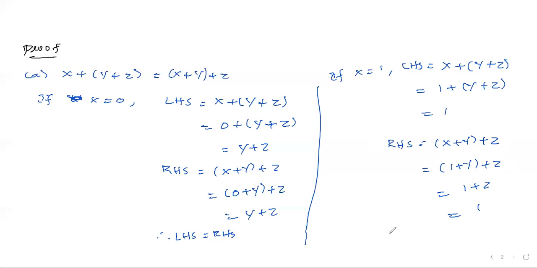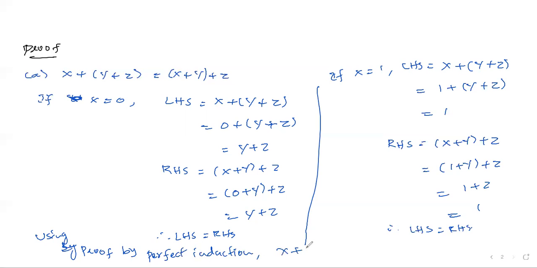Therefore here also LHS is equal to RHS. By proof by perfect induction, x or y or z equals x or y or z is proved.